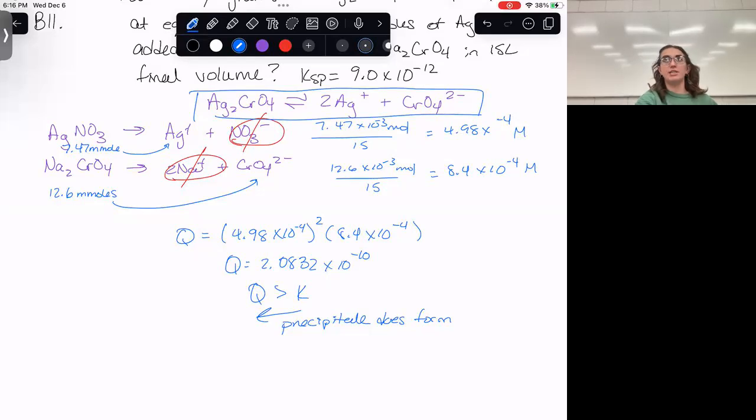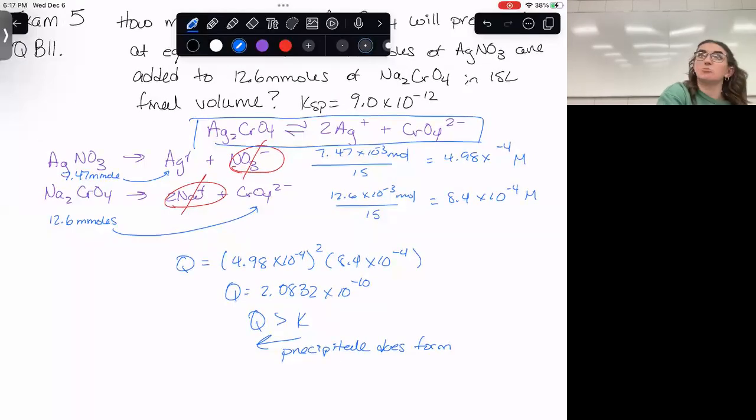Alrighty. So if we know that a precipitate's formed, yeah. So our concentration of silver ions in solution is from that 4.98 times 10 to the negative 4. From the reaction that's boxed above, if we were to write KSP for this, it would be Ag plus squared and your chromate ion.